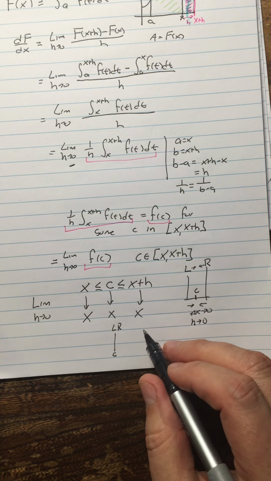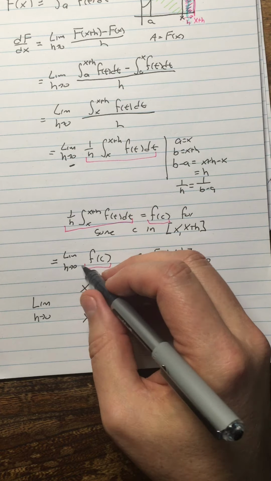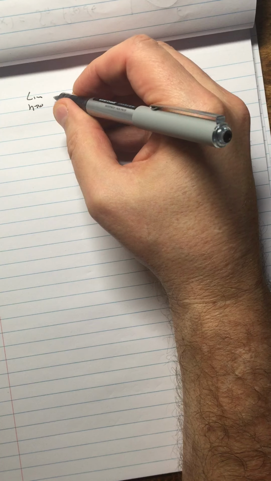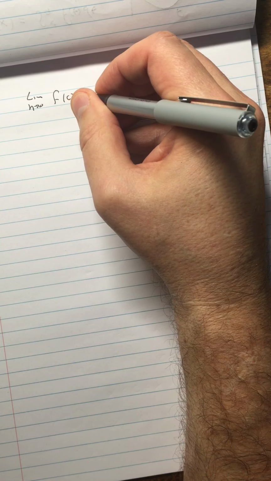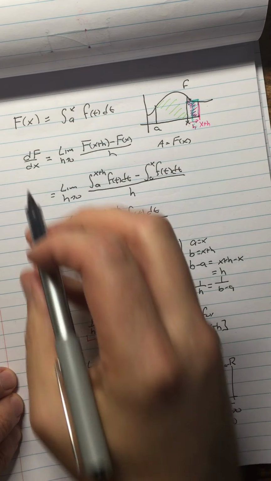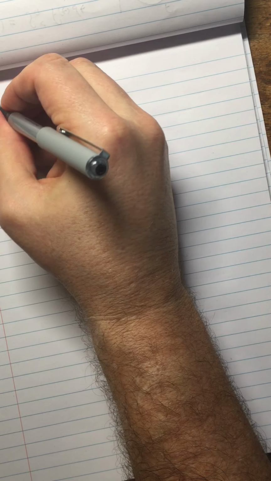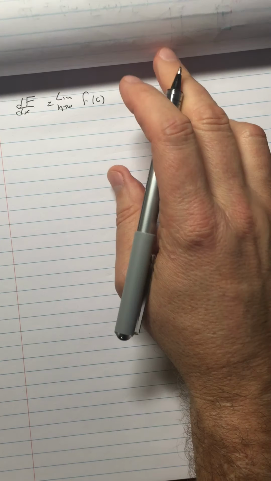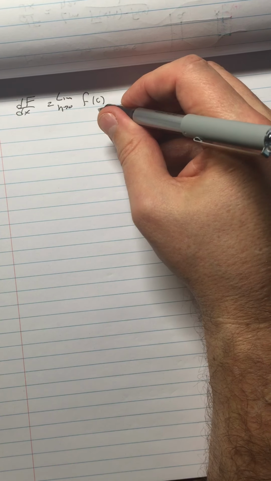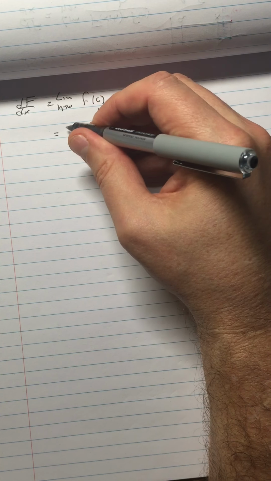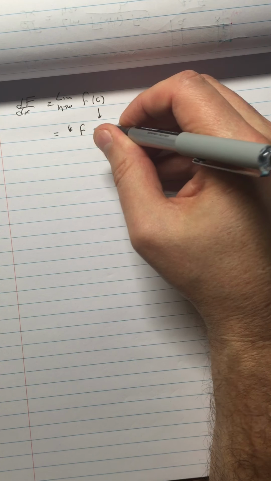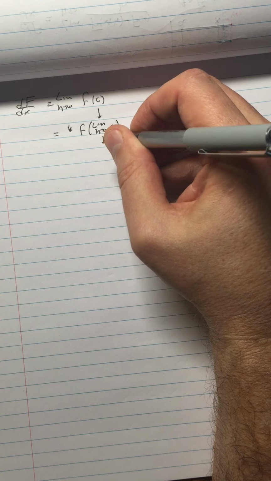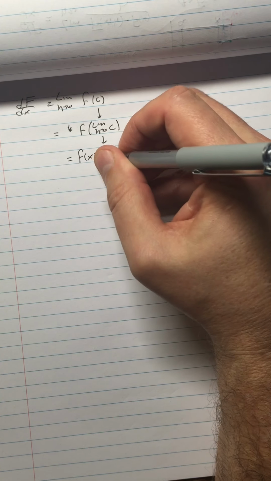So one way that I can conclude this is to say that I have the limit as h approaches 0 of f of c. That's what df dx is equal to. Let's bring that back to see where we started. df dx is equal to the limit as h approaches 0 of f of c. And I've just shown that c approaches x. So this is equal to f of the limit as h approaches 0 of c, and c approaches x, so it equals f of x.